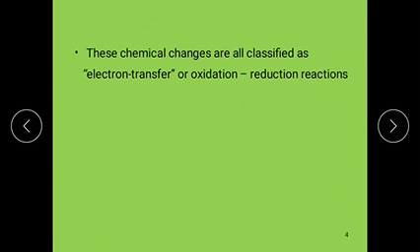These chemical reactions are all classified as electron transfer or oxidation-reduction reactions.